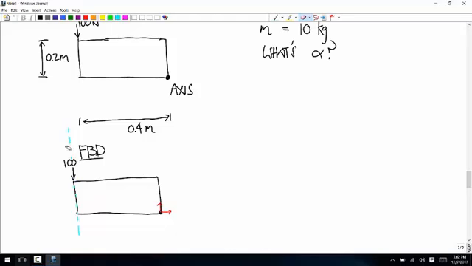So we'll take this force and move it down to here. And now the line between the axis and the force is perpendicular to the force.